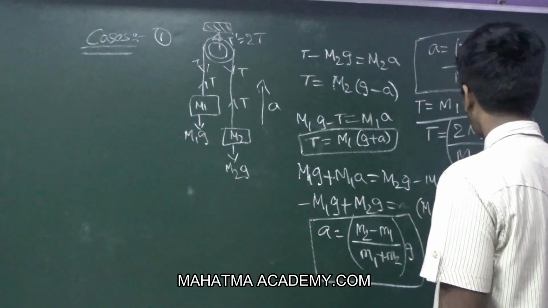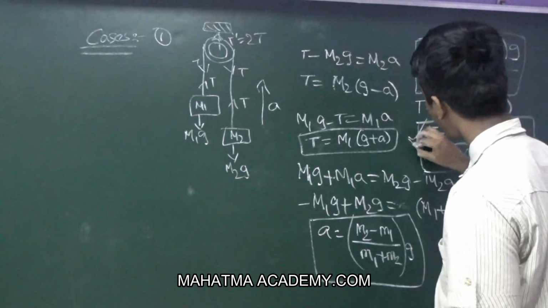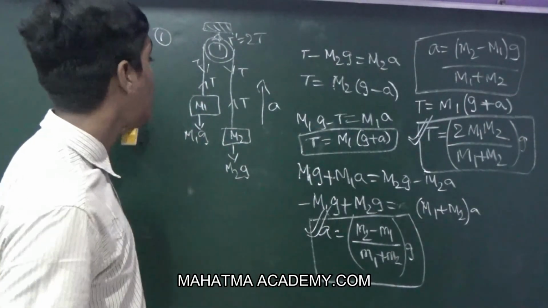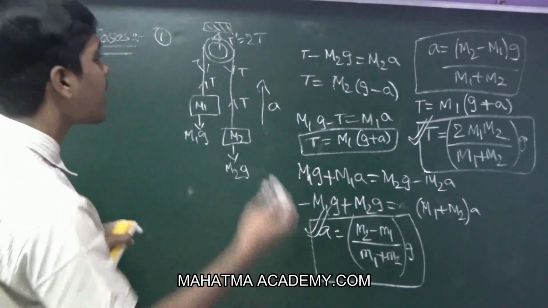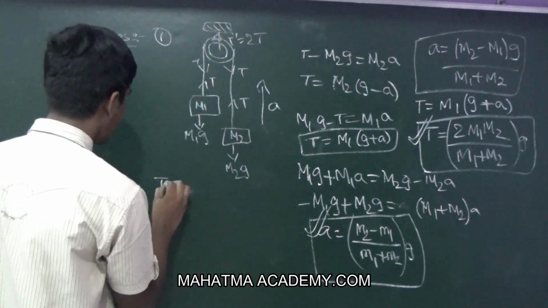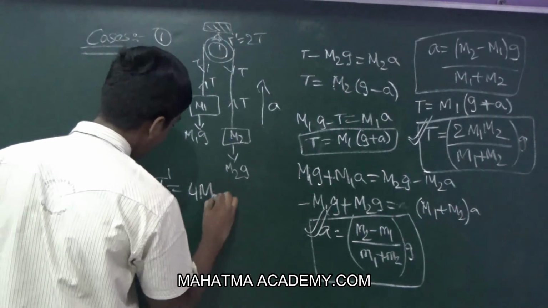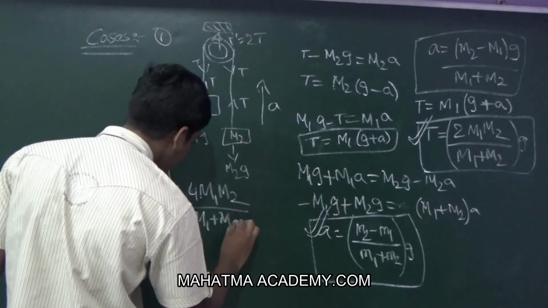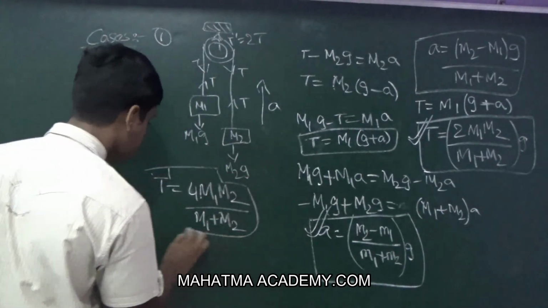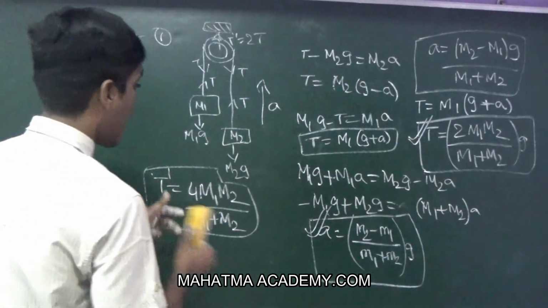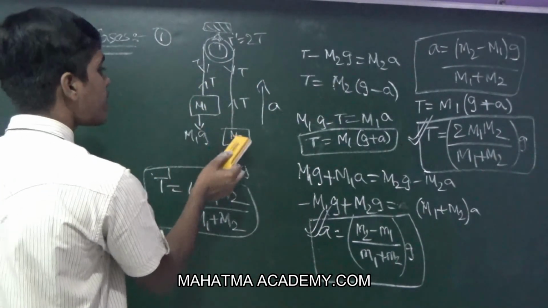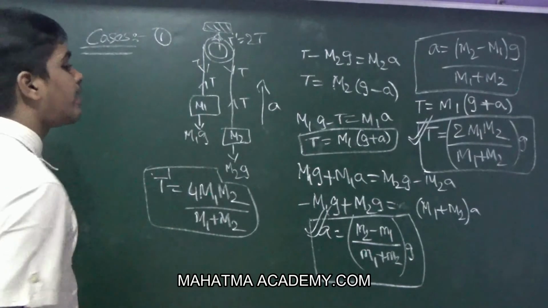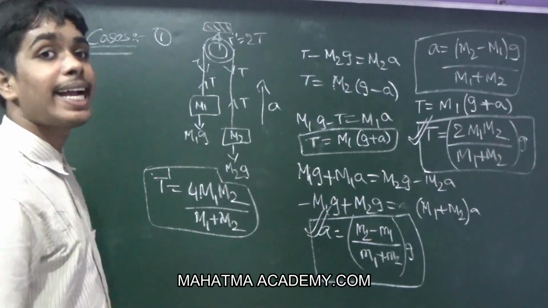It is the formula for tension and the formula for acceleration. Now we have discussed case 1. The tension at the pulley is T dash is equal to 4 m1 m2 upon m1 plus m2 into g. We have discussed the acceleration of both masses, the tension of the string and the tension of the pulley.